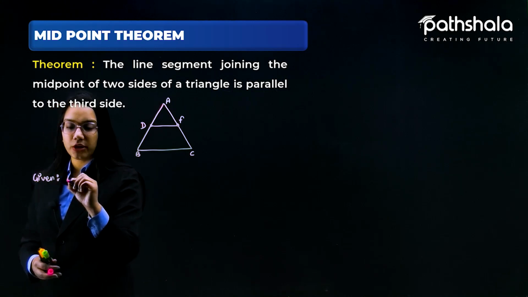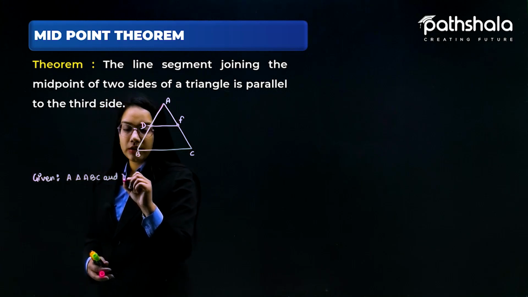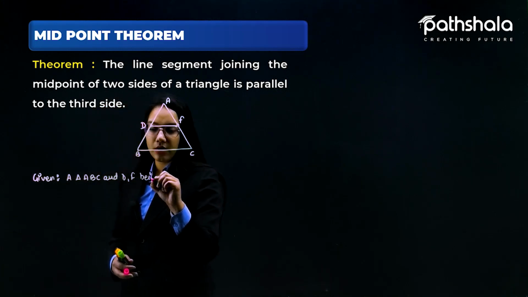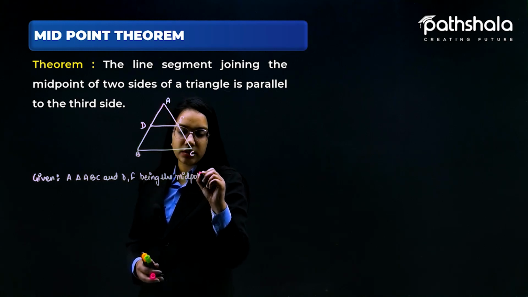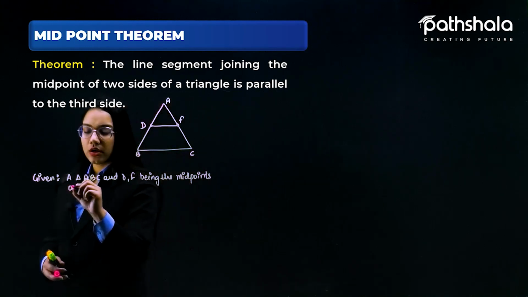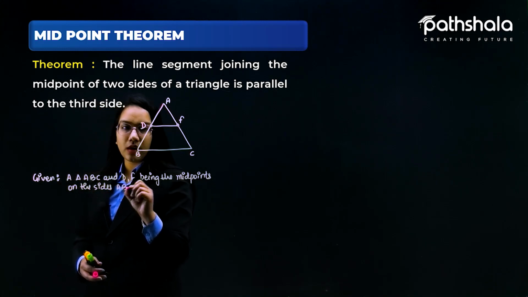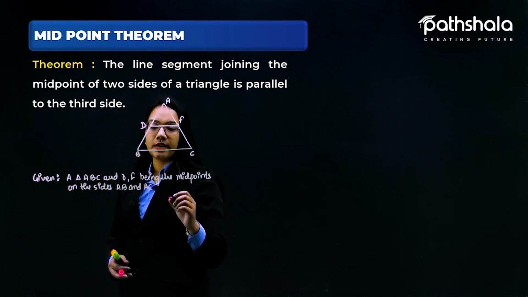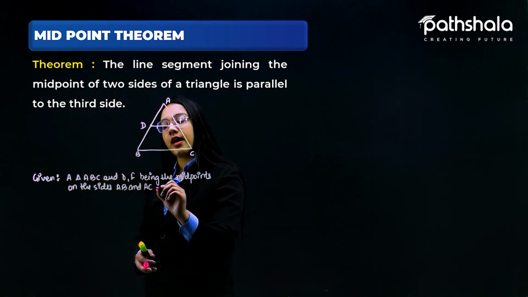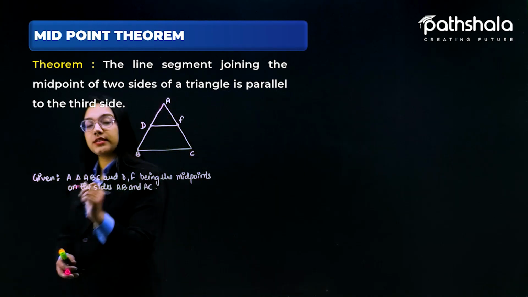Given is a triangle ABC, with D and F being the midpoints of the sides AB and AC. This is the given condition.